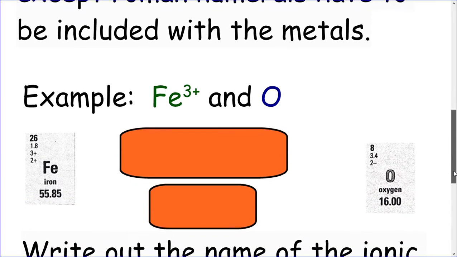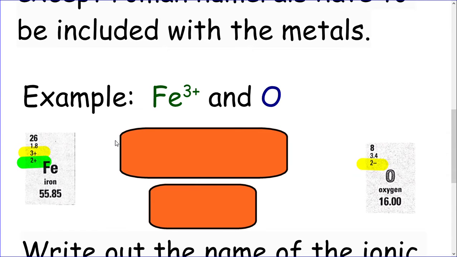So let's take this example here, Fe3 plus and O2 minus. Do you notice with iron in this case, iron could actually be two separate ones? It says here it could be 3 plus, but it could also be 2 plus.